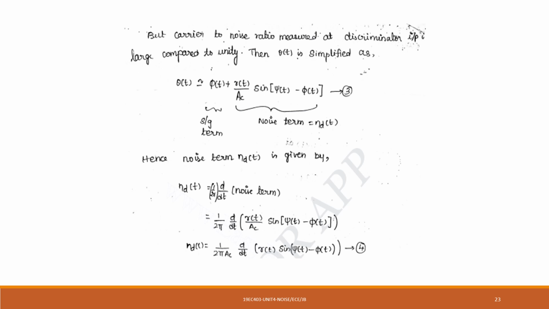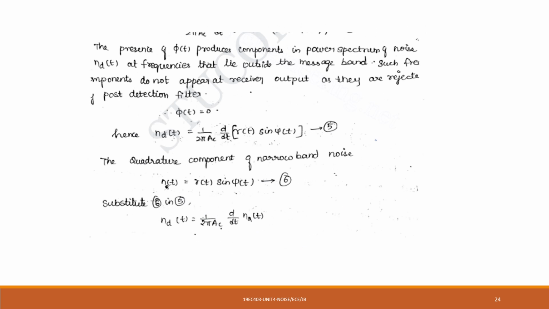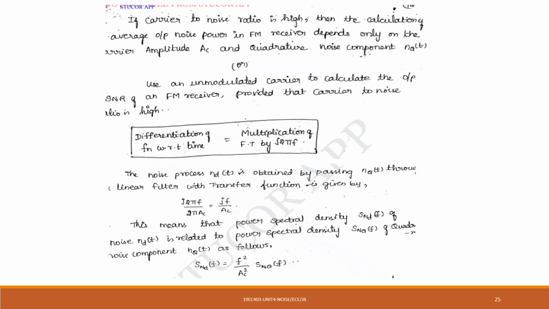And then we calculate the noise component at the output of my FM receiver. With the help of appropriate filter deployment, we try to remove the effect of noise at the FM receiver section.